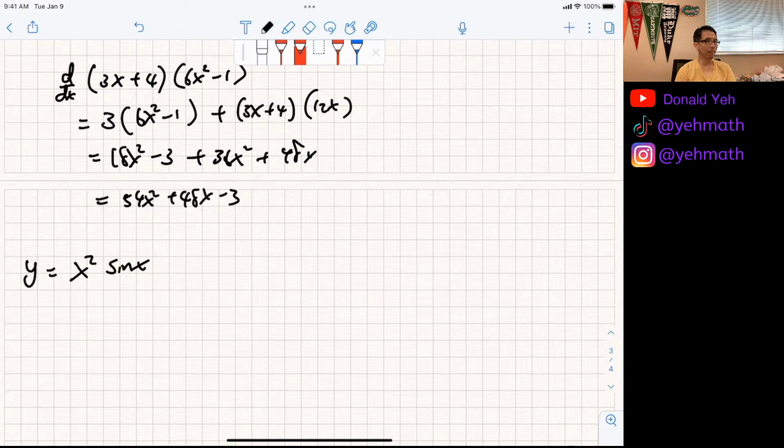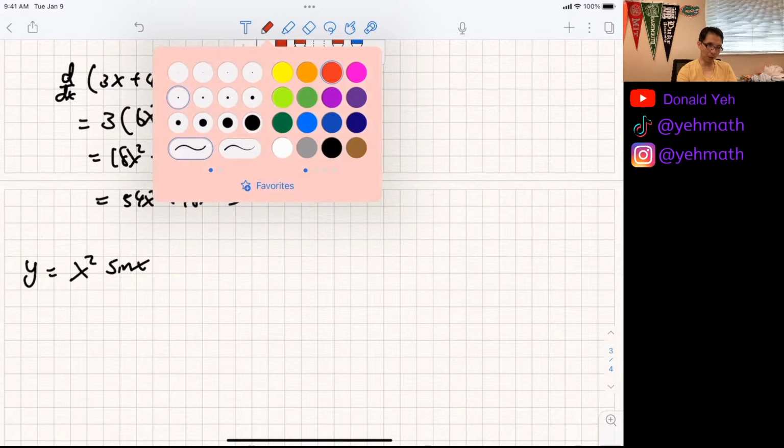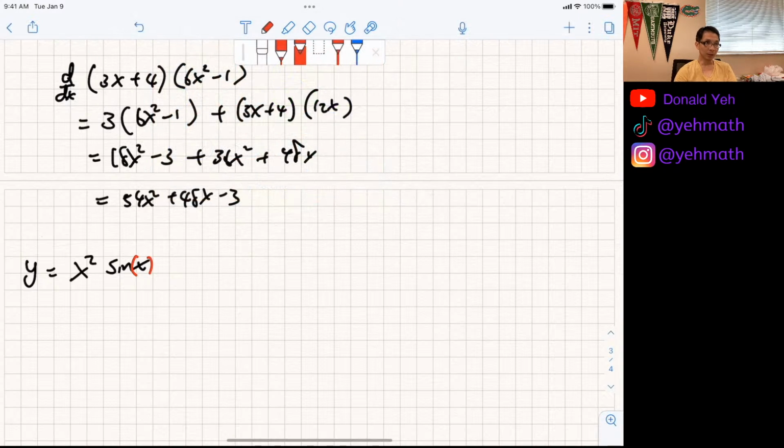In this case, x squared cannot distribute inside, because this is what we know as the argument. X is within the sine of x. So you cannot distribute the x squared inside. That's not how it works. So you're going to say, okay, this is a product rule.